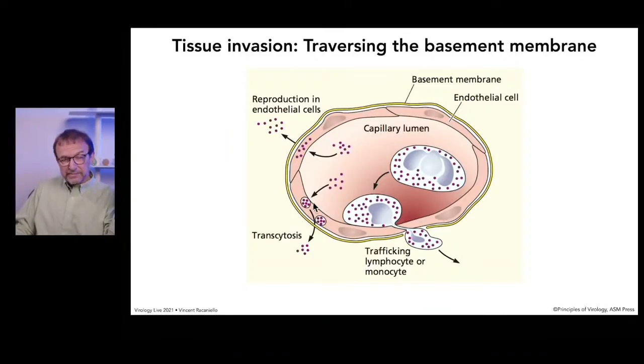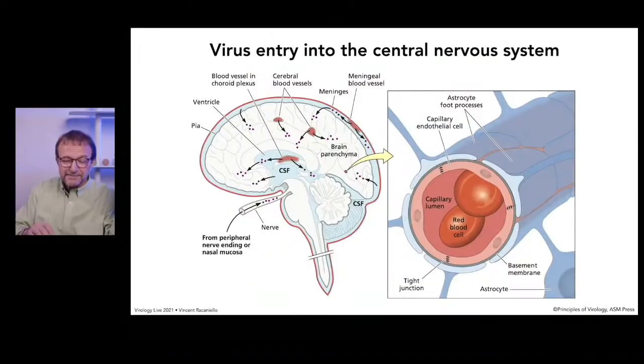They could be taken up and transcytosed across the endothelium, or they could be carried in lymphocytes or monocytes. These cells have the ability to get through the tight junctions of capillaries. It's a process called diapedesis. I like that word. It means cells getting through the tight junctions, and if they have viruses in them, obviously they're going to bring them into the surrounding tissues. And if this is the brain, that's how viruses get in your brain.